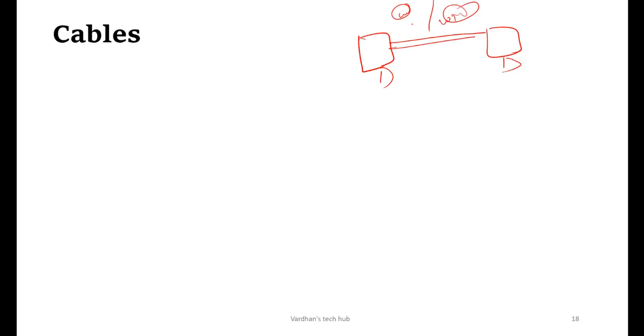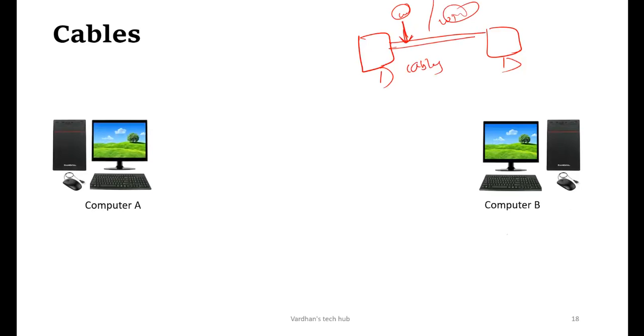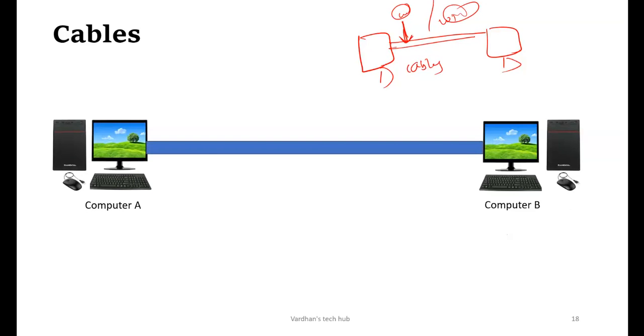Let's see the wired connectivity, these are cables. Here we have computer A and computer B, and if you want to connect these two computers with each other, we need to have a cable. Through the cable the data will be transferred between computer A and computer B.